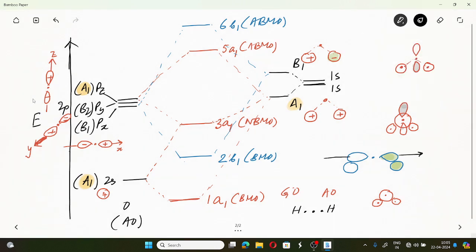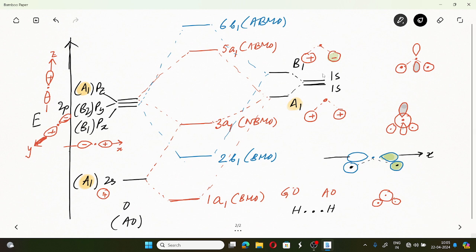This is the x-axis and this is the phi 2. That means this b1 portion has combined in phase with 2px. So this is how we can draw the group orbital.